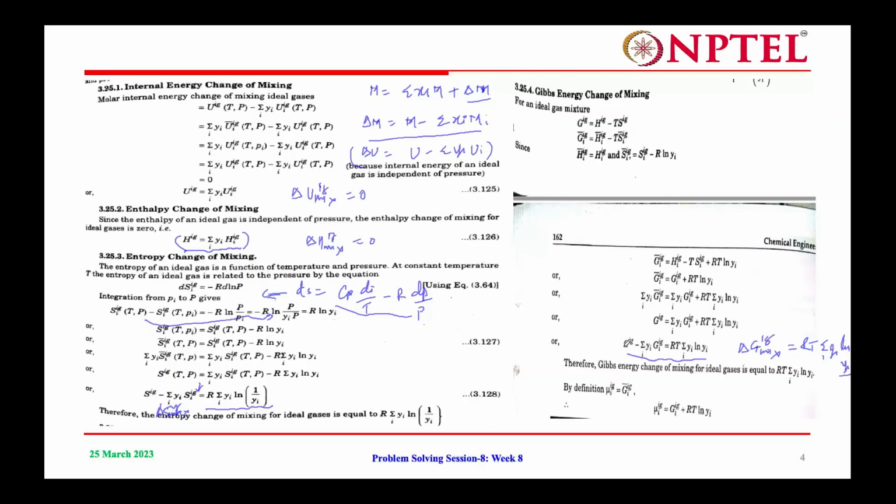Now we can write the chemical potential at ideal condition equal to the partial Gibbs energy at ideal condition. So these are the properties with change of mixing.